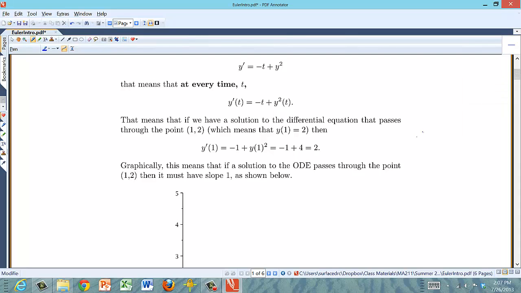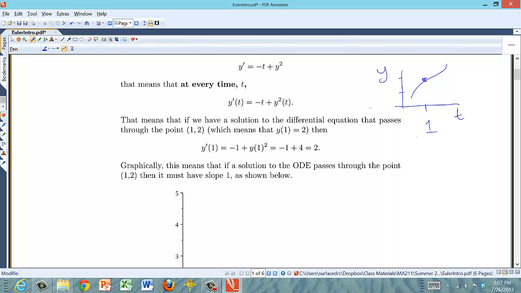But if a solution passes through the point 1, 2, what does that mean? If the graph goes through the point 1, 2, that means y at time 1 equals 2. So here's time 1, here's the y-axis. If your solution goes through that point, then y at time 1 equals 2.